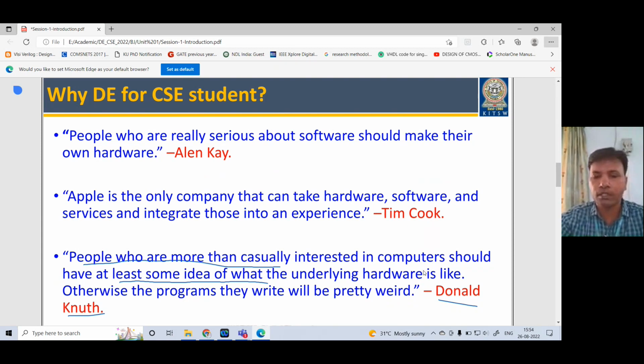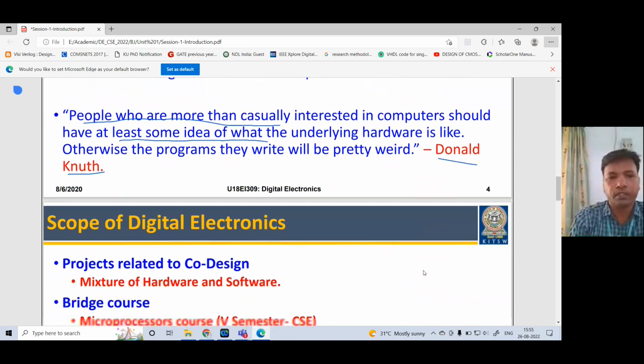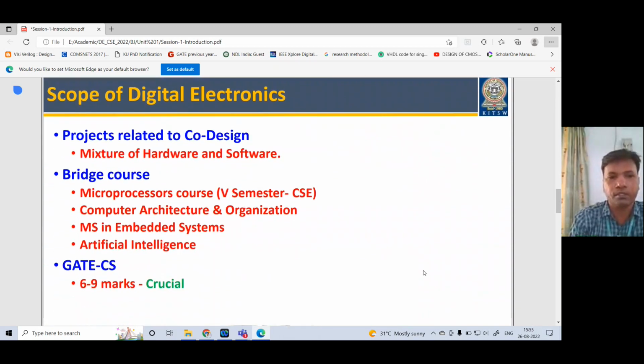So at least you must have an idea of what the hardware internally has. Then you can write a good program. Definitely for CSE students, digital electronics plays a vital role in MS programs, in the GATE exam, as well as in programming for a specific hardware unit. These are the requirements of DE for CSE students.